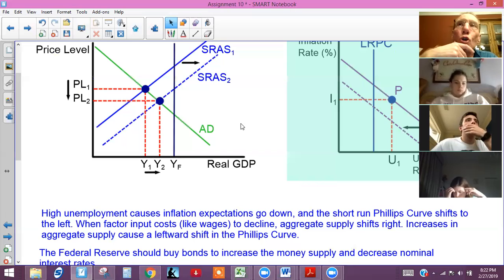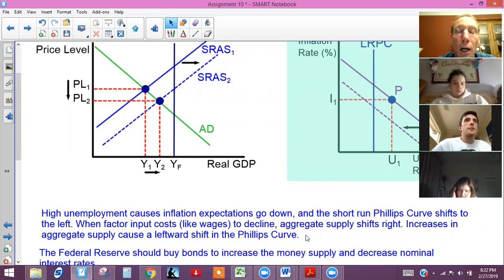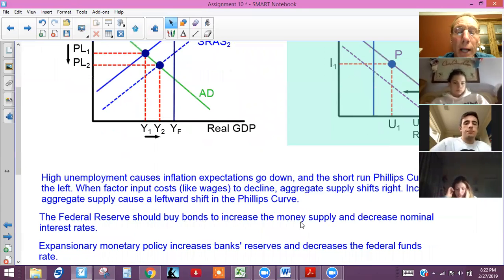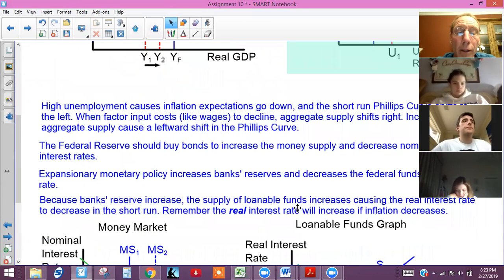The short answer is when interest rates are higher, it tends to make borrowing money for investment harder. So that's going to shift the aggregate demand to the left. There's probably more to it than that. That's just not coming into my head at the moment, but I'll think about it.